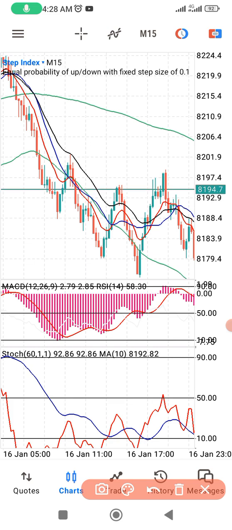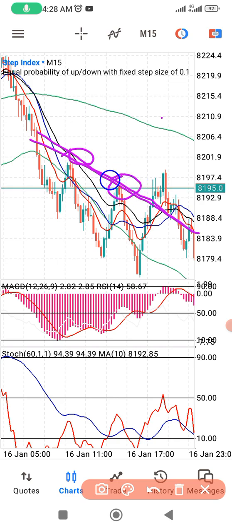So dynamic liquidities are liquidities that are not at a fixed point. For example, if you look at our chart by drawing this trend line, you agree with me, this is one high, lower high, lower high, right? This is a lower low, lower low, lower low.